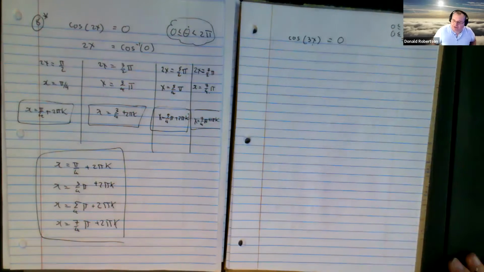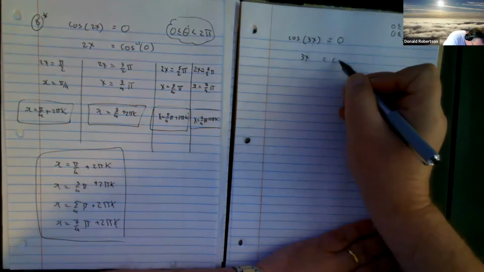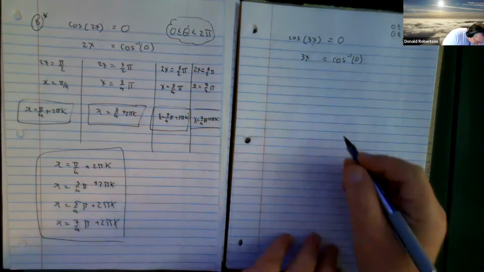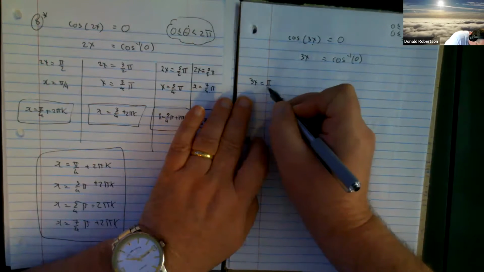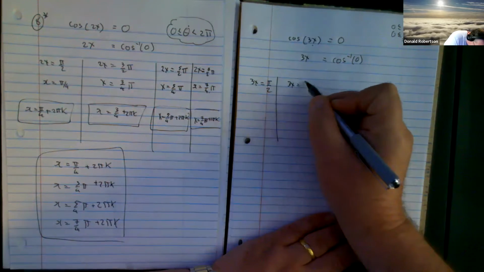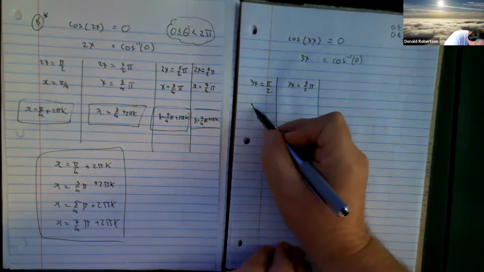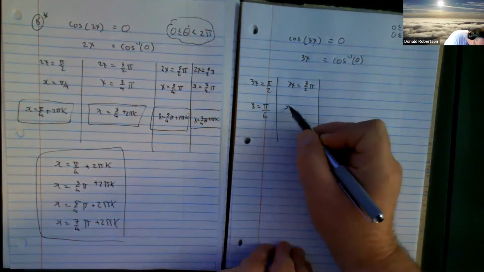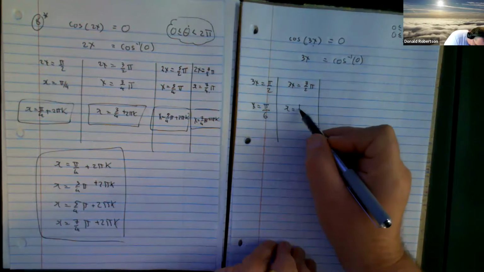But that's just WebAssign being weird. So 3x is the inverse cosine of 0. And that would get me 3x is pi upon 2. And 3x is 3 upon 2 pi. And if I did this one, x ends up being pi upon 6. If I did this one, x equals, divided by 3, a half pi.